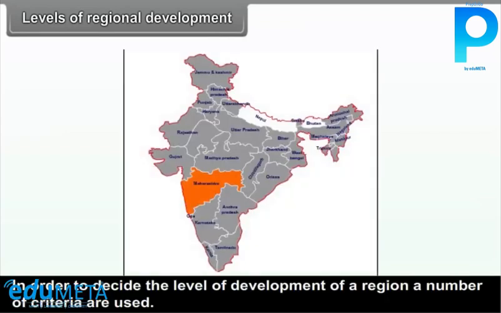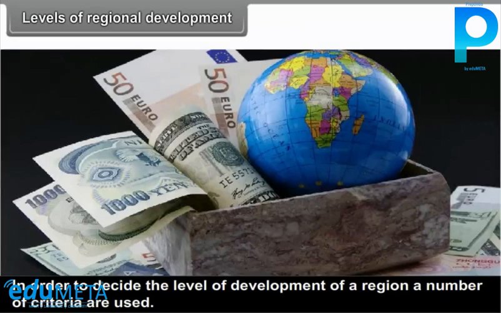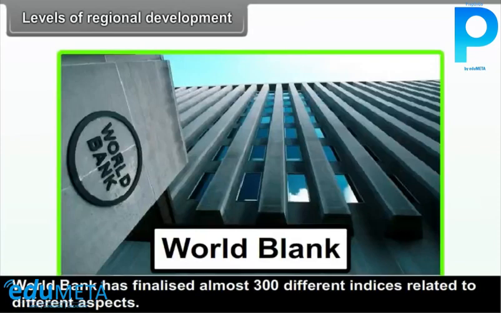Levels of regional development. In order to decide the level of development of a region, a number of criteria are used. At international level, in order to decide the level of development of various nations, World Bank has finalized almost 300 different indices related to different aspects.